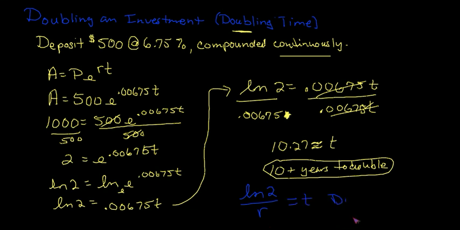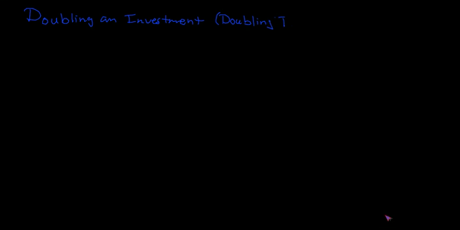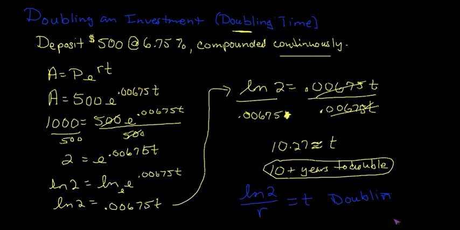And that's eventually going to be used in a lot of situations as our doubling formula. So again, this is the method to find it. Eventually it breaks down into a shortcut. So that's section 3.4.